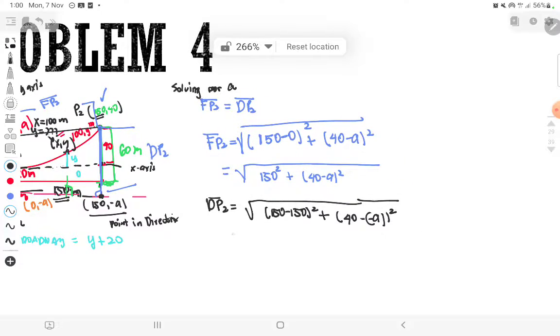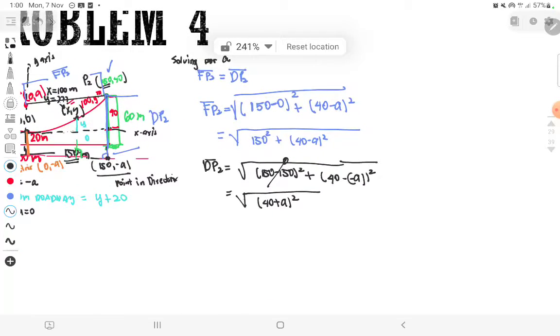By further manipulation of this equation, this will be equal to 0 plus 40 plus a squared. Since FP2 is equal to DP2, we'll have the square root of 40 plus a squared is equal to the square root of 150 squared plus 40 minus a squared.